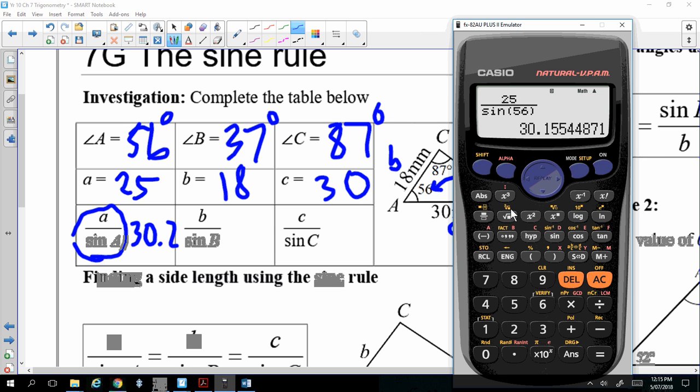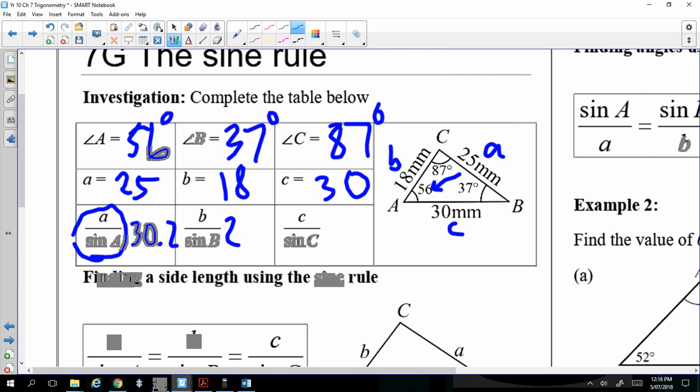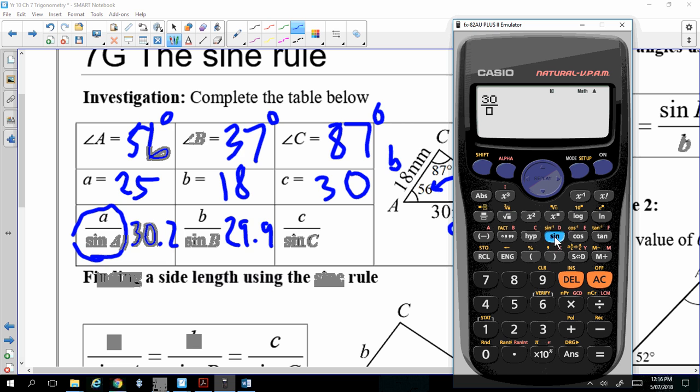Let's try another one. Do 18 over sine of 37, close bracket, equals 29.9. Okay, and then we'll do the last one. 30 over sine 87, close bracket. 30.